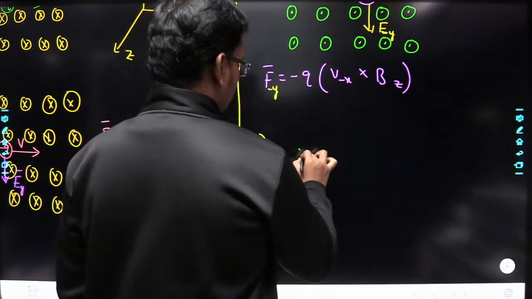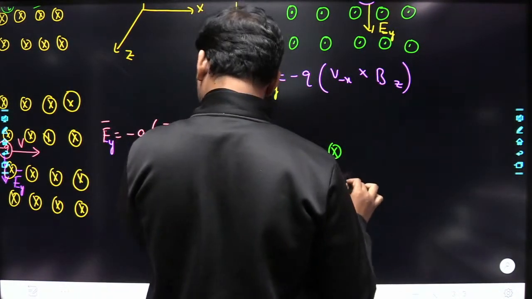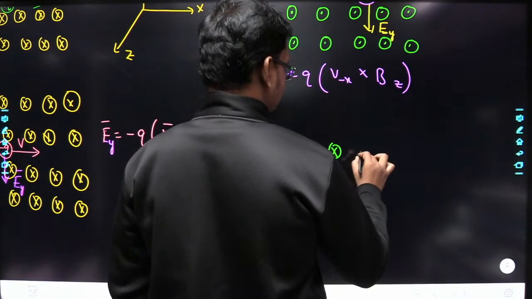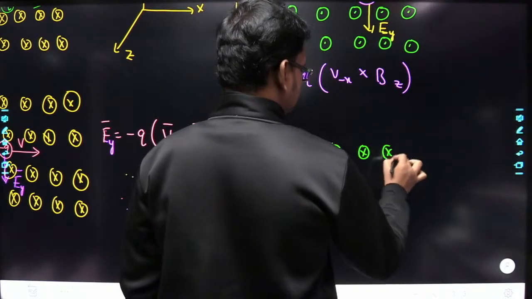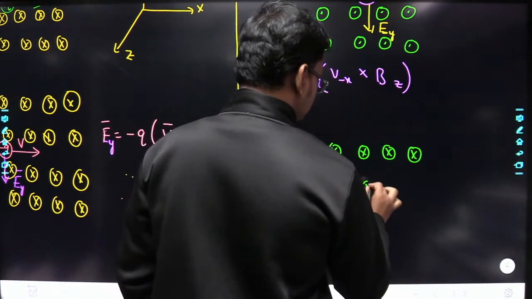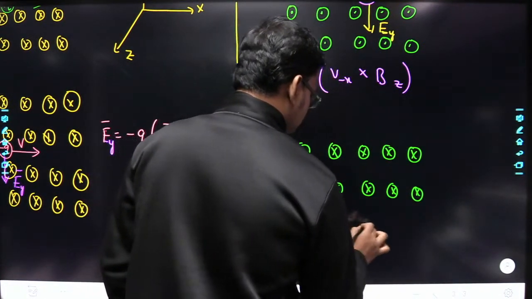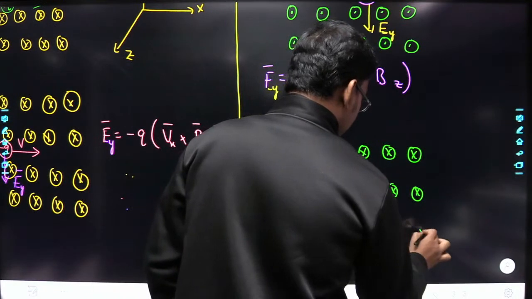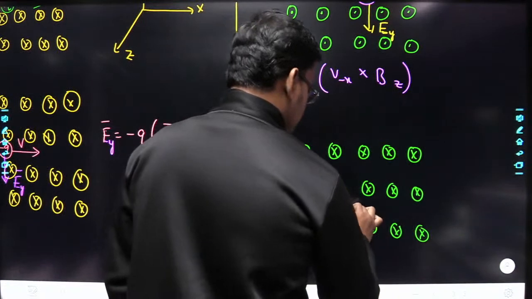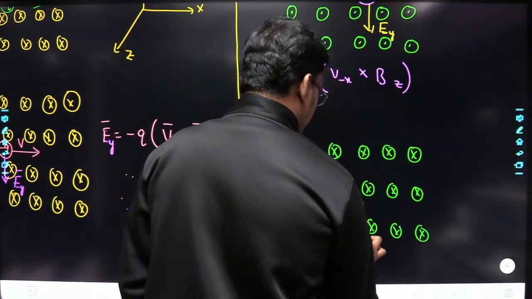Okay, so now everybody has to tell me the answer correctly here for this one. Let us say minus q is moving with velocity v.